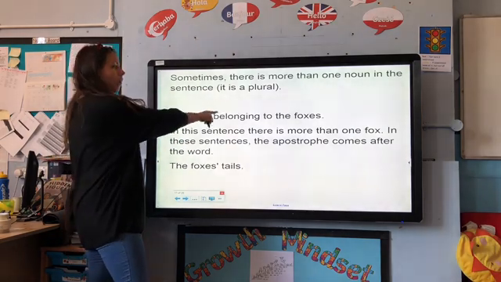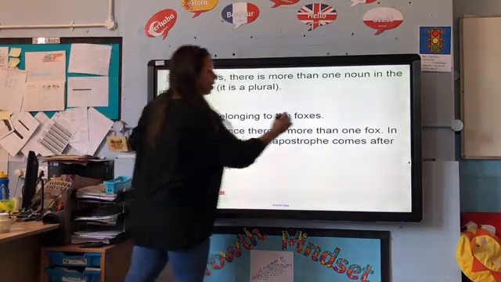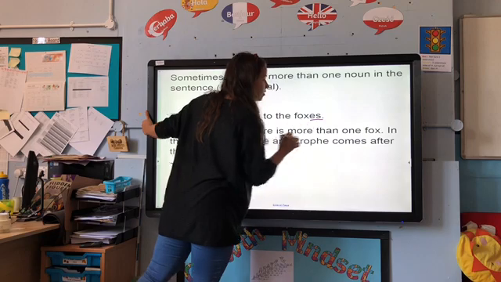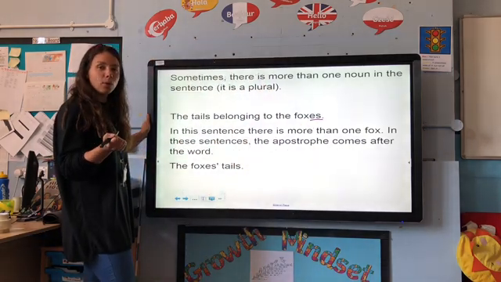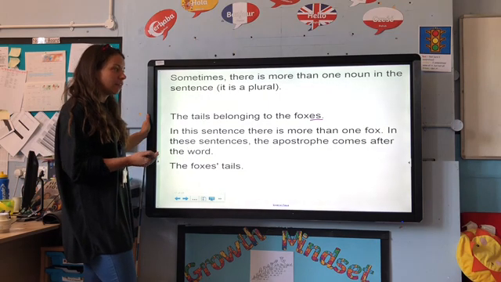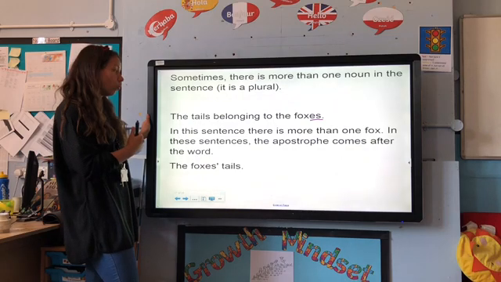The tails belonging to the foxes. So here we've got more than one fox, and we know that because in the last video we said that if a word ends in X, to make it a plural you would have ES. So the foxes' tails, we know this word is already a plural, there is more than one fox.